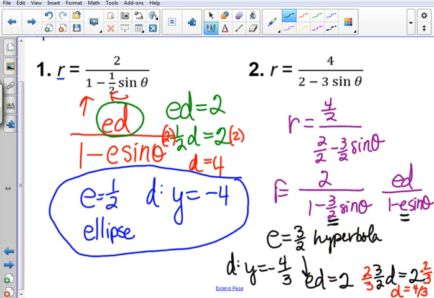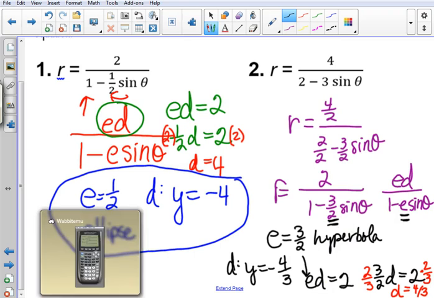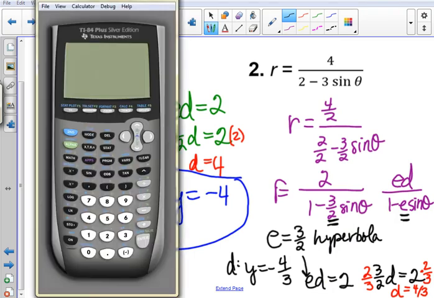All right, let's take a little calculator break. Let's type one of these in and see what it looks like. Go to the first one, number 1 there. You should be in polar mode and radian mode.